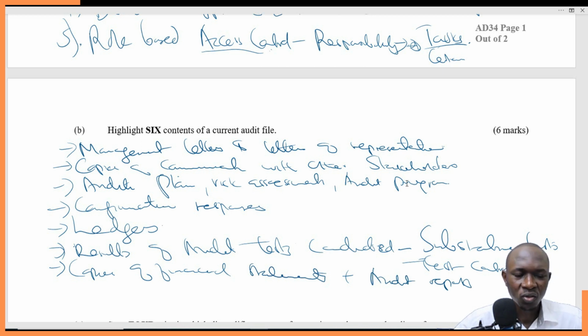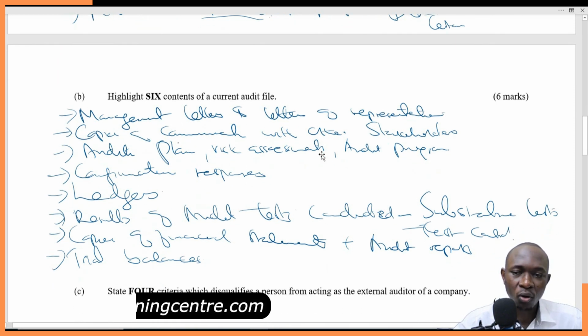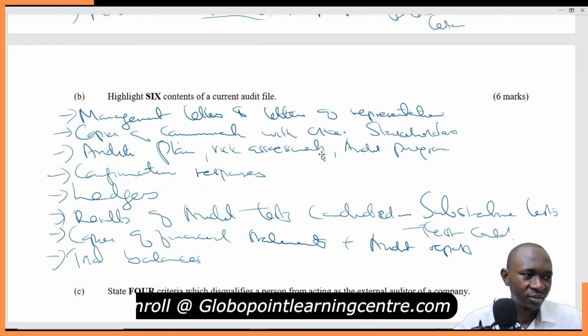Of course, we'll also have the trial balance, because this is normally what the auditors will input into the system to get the final audit report. So the trial balance will also come in as one of the contents of the current audit file.